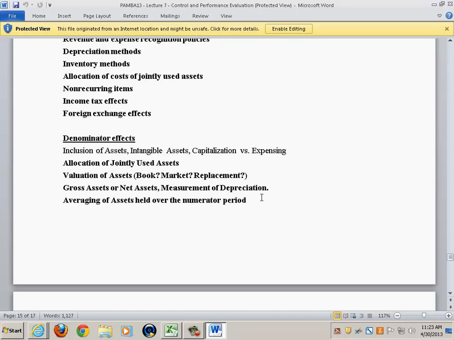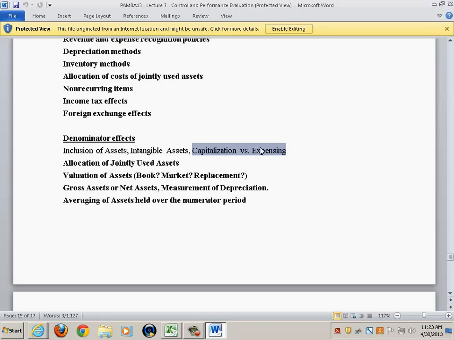Another very important issue is capitalization versus expensing. What items do we capitalize? The portion that we capitalize will be included, obviously, as part of the assets. And what items do we expense?